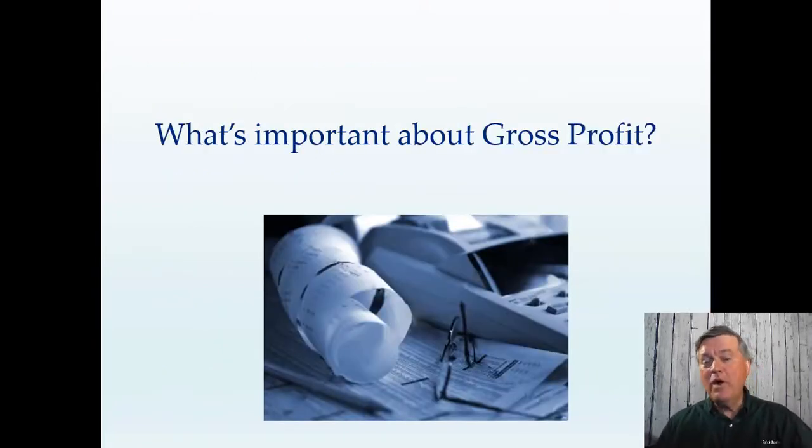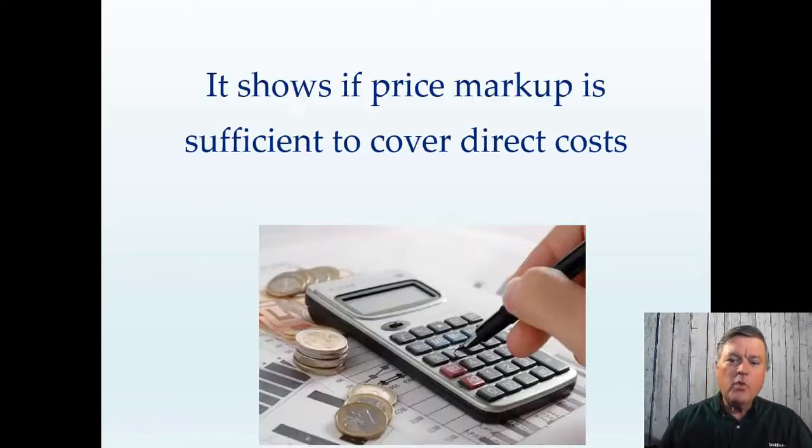So why is that important? Why do we care? Why aren't they just all expenses? Well, the direct costs tell us if our price markup is sufficient to cover those costs. In other words, if we have a really thin margin, we're buying widgets at $5 each, and we're selling them at $6, and the cost starts to creep up, and we don't notice because we really have dozens of kinds of widgets.